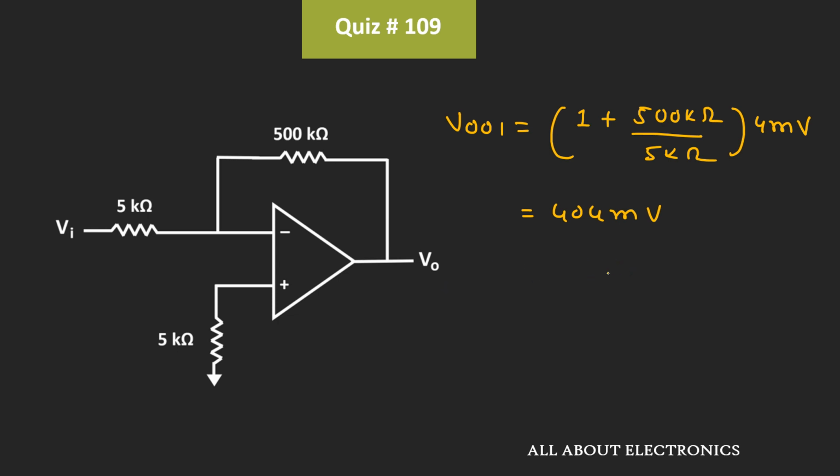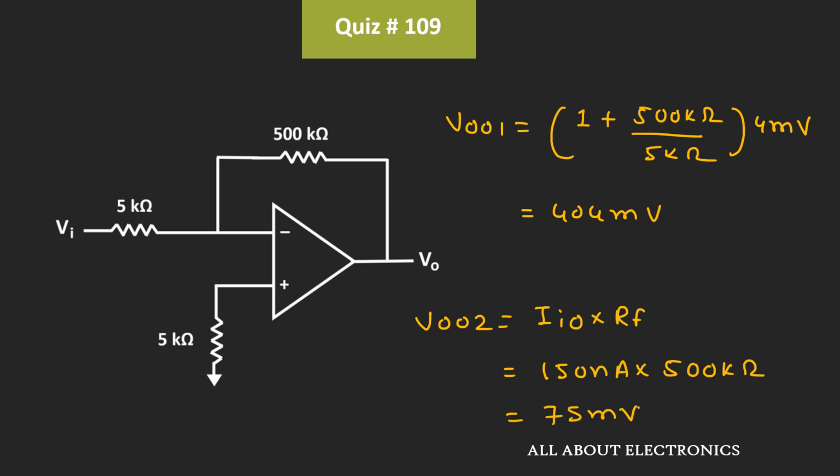Similarly, now let us find the output offset voltage because of this input offset current. This output offset voltage will be equal to this input offset current times feedback resistor. That is equal to 150 nanoampere times 500 kilo ohm, which is equal to 75 millivolt.